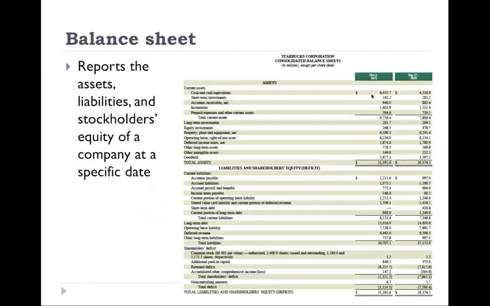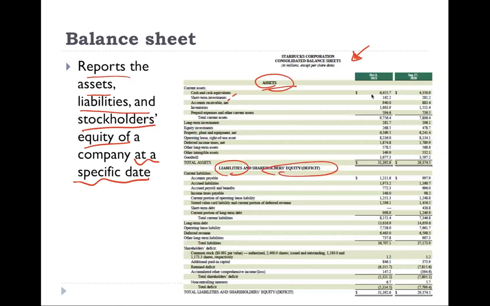So now let's talk more about those 5 statements. First of all, the balance sheet reports the assets, liabilities, and stockholders' equity of a company at a specific date. So this is an example of the Starbucks balance sheet. As you can see, this balance sheet contains different asset accounts, for example, cash and short-term investments, and liabilities and stockholders' equity.